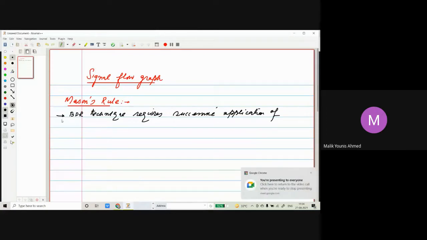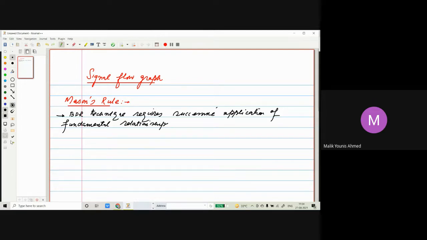of what? Successive application of fundamental relationships in order to arrive at the transfer function.